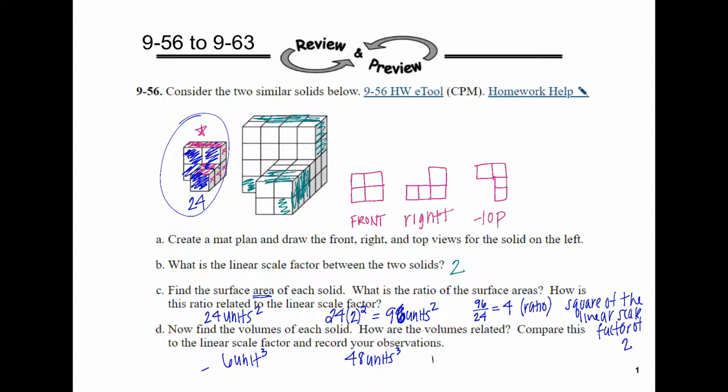So when we find the ratio of these two volumes, if we take 48 and divide it by 6, we get a ratio of 8, which is our linear scale factor cubed. So 2 cubed is equal to 8.